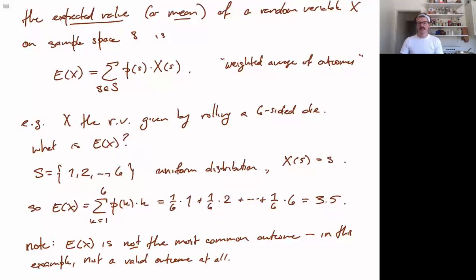If you roll a 6-sided die, you will never roll 3.5. So the expected value doesn't have to be an outcome. It certainly doesn't have to be the most common outcome. But like we said, it is a sort of weighted average. So it's telling you where your distribution is centered, but it's not telling you anything about individual outcomes.